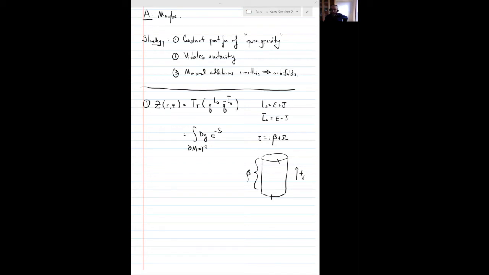So how would I go about trying to do this computation? I'm trying to sum over all Euclidean three manifolds whose boundary is a torus. Okay, so in a higher dimensional theory of general relativity, this would be an impossible task. But remarkably, there's a sense in which you can do this computation exactly in 2+1 dimensions.